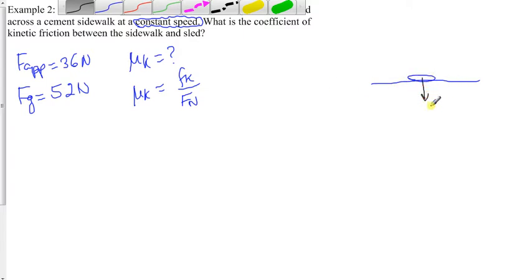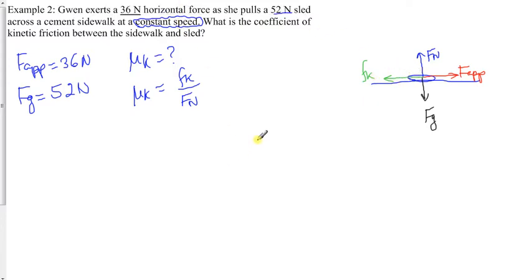Force of gravity, Fg, which is 52 Newton. We have the normal force, Fn, the applied force, F applied, and kinetic friction, Fk. Here it's kinetic friction because the sled is moving. So this is step number 1.